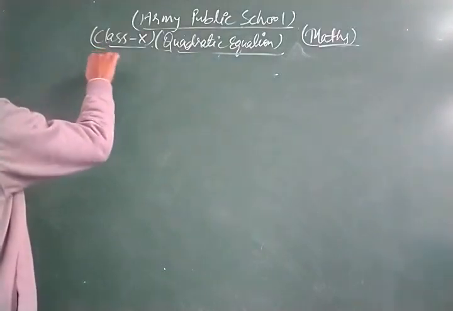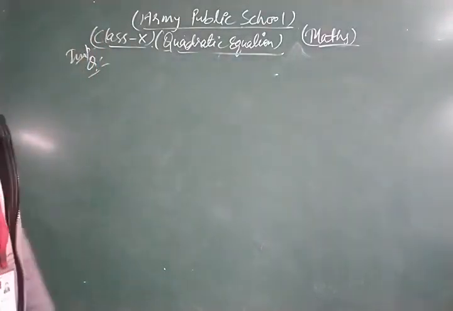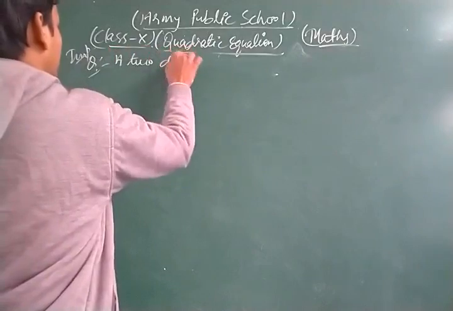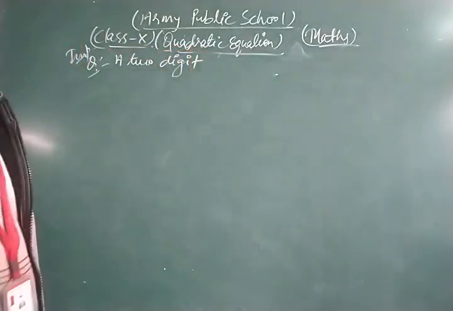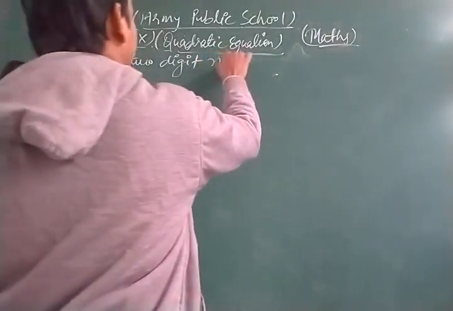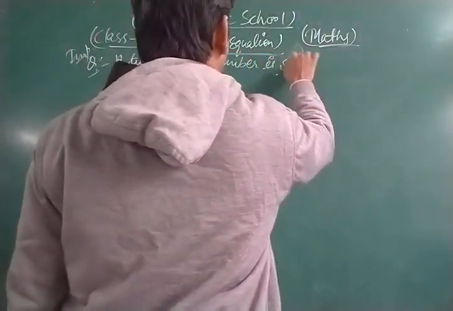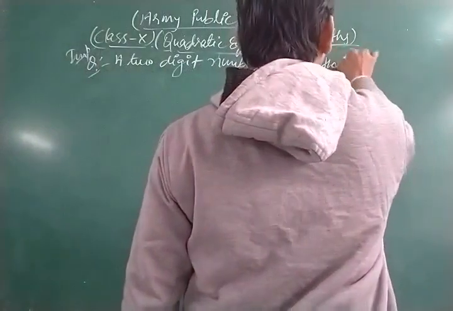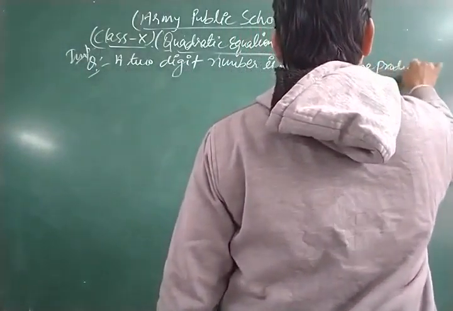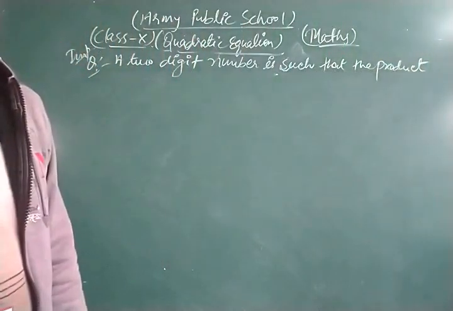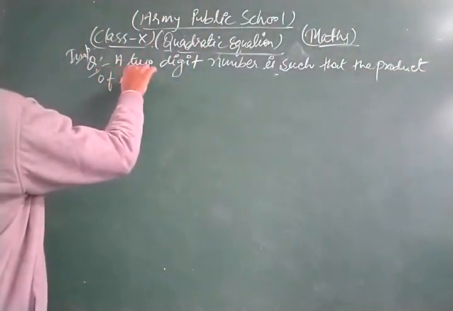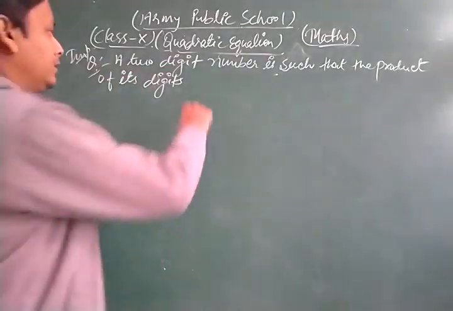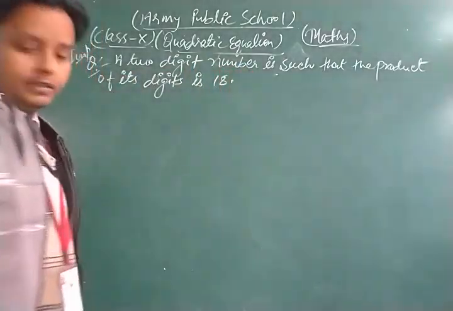We take a very important question, and the question is: a two-digit number is such that the product of its digits is 18.